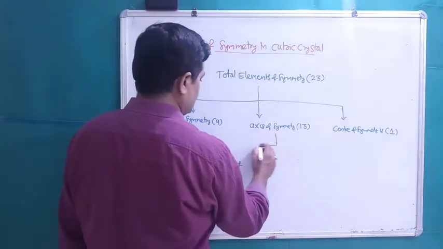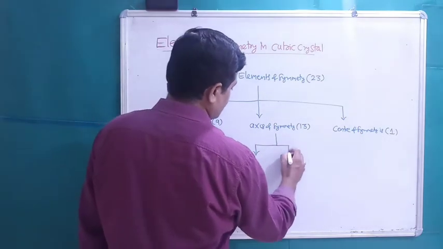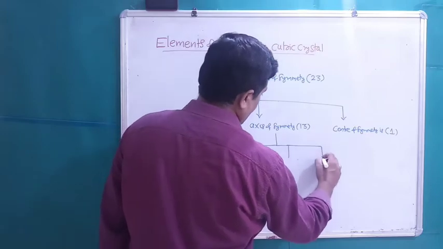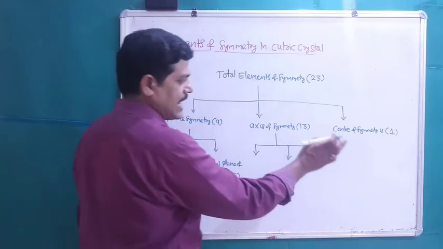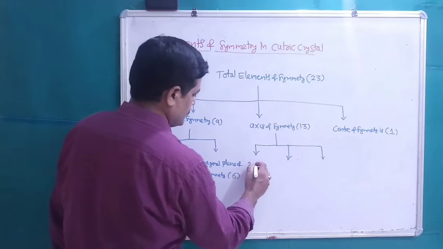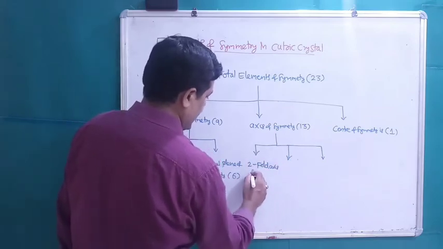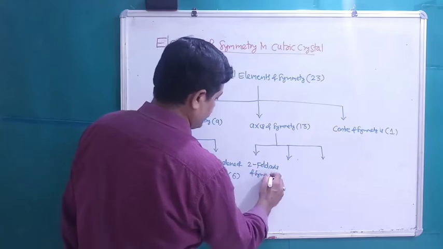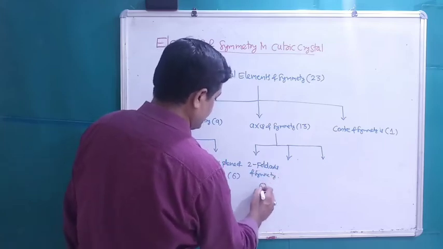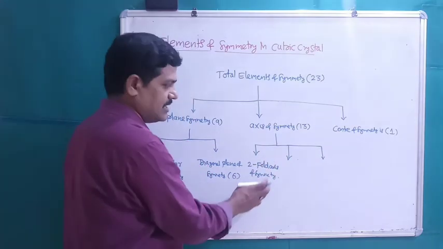In this, two-fold axis of symmetry, three-fold axis of symmetry, and four-fold axis of symmetry. Two-fold axis of symmetry is 6.